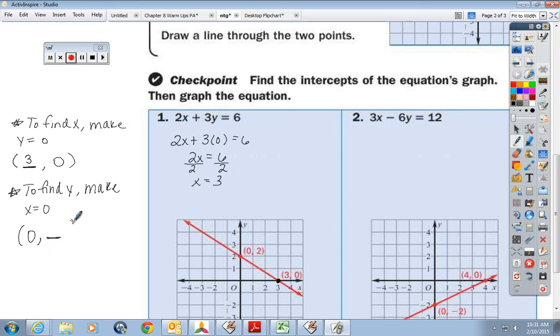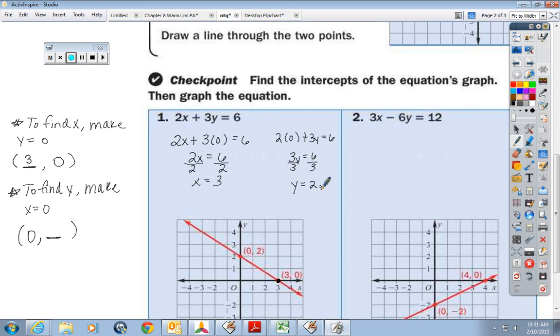So I'm going to do the same thing, except I'm going to replace x with 0, and I'm going to find y. So what's 2 times 0? 0. So I'm left with 3 times what equals 6? Divide both sides by 3, and I get what? 2. So now, this coordinate ends up being 0, 2.